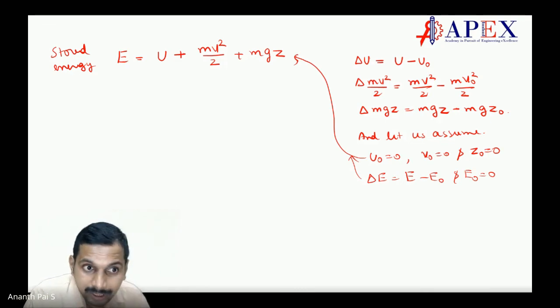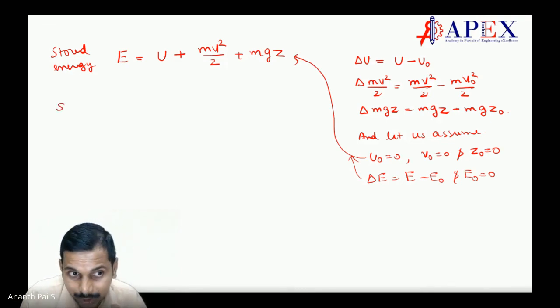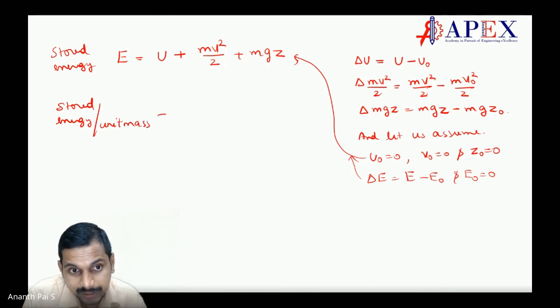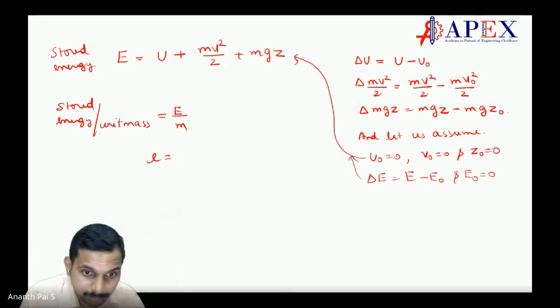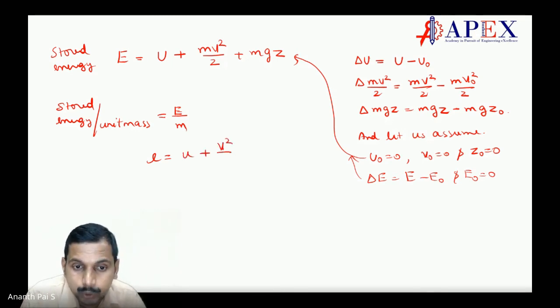Now if you say per unit mass stored energy, sometimes we tell stored energy per unit mass, this can be written as E by small m, which is equal to small u plus v square by 2 plus gz.